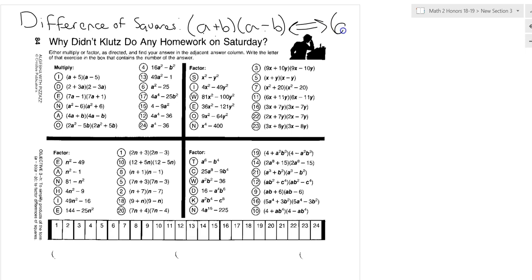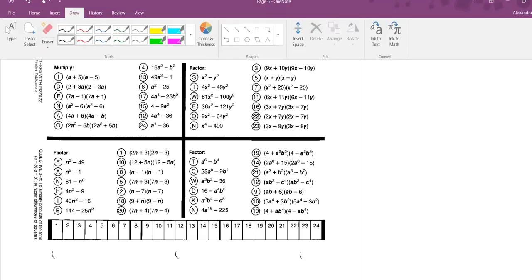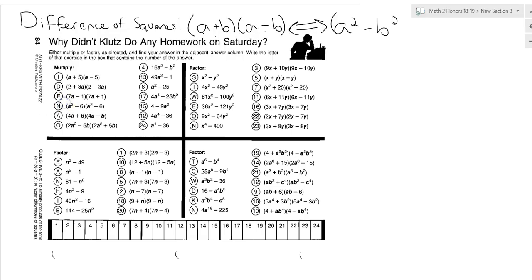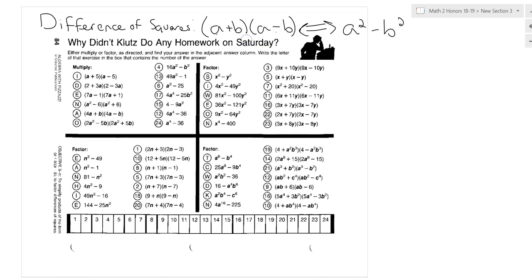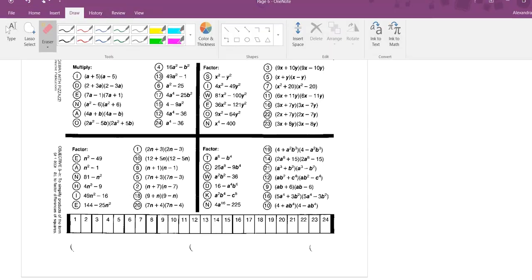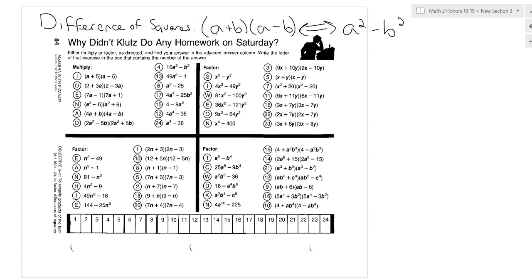And it comes out to something that looks like this. If I'm multiplying two things, it's going to look like that. If I'm factoring, I'll start with this and go that way.